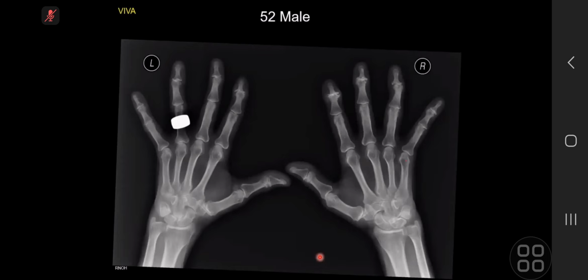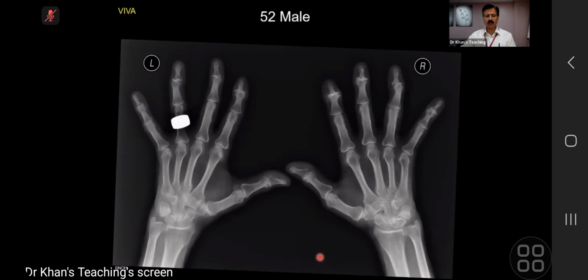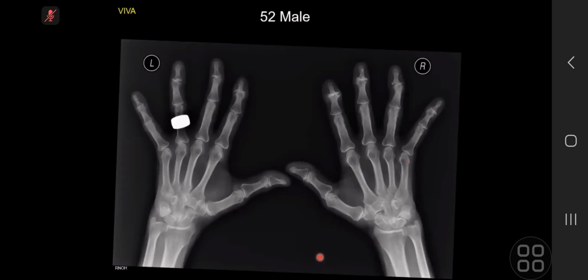And there is a subluxation also noted in the distal interphalangeal joints. Okay, just concentrate on the distal interphalangeal joint, and whatever you see, can you conclude your film on that basis? Okay.